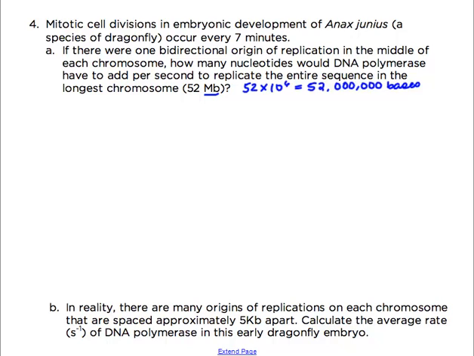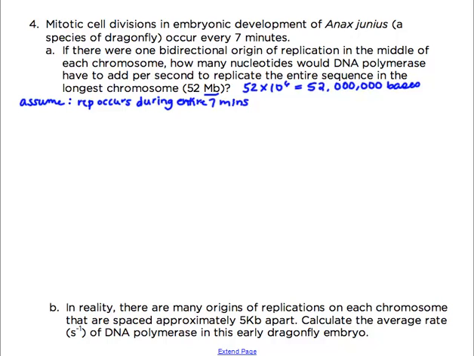So what we're going to assume is that replication occurs during the entire 7-minute cycle. Okay, so if you draw out a chromosome, let's say that this chromosome has one bidirectional origin of replication.